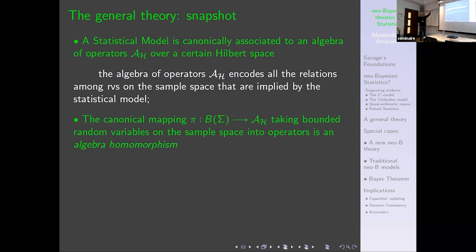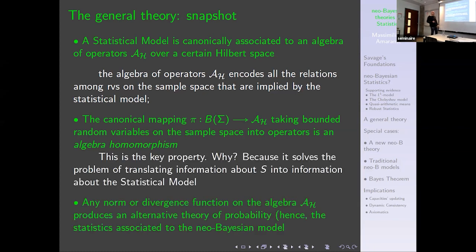Then you show that there is a canonical mapping from the object that is your object of interest, the functions of the sample space, into this algebra of operators. And it's a pretty routine thing to show that this canonical mapping is an algebra homomorphism. And this is the key property of the construction.